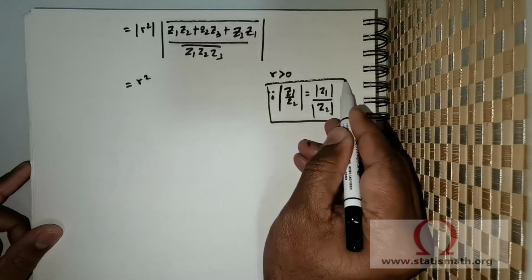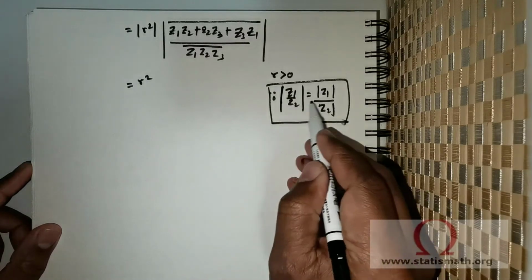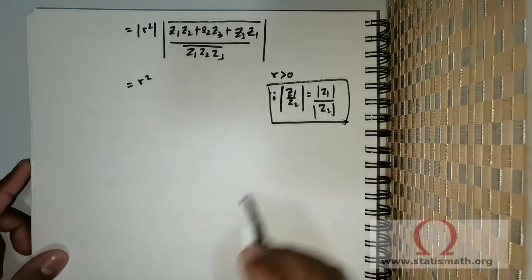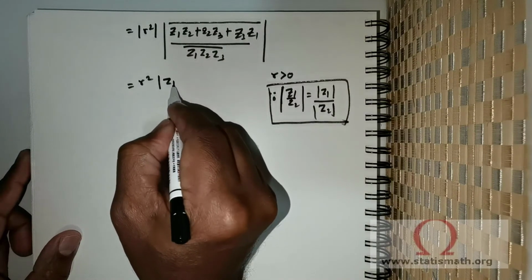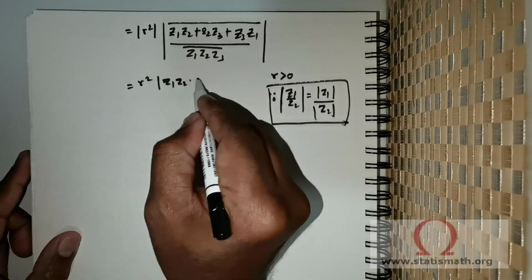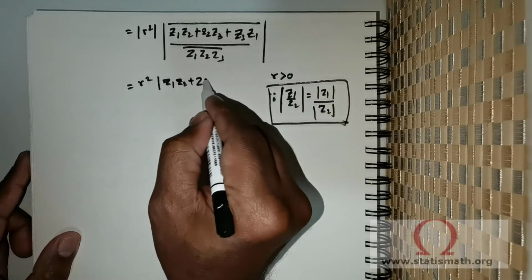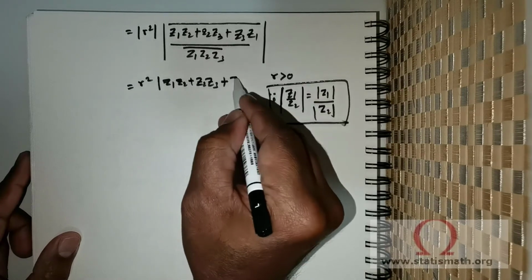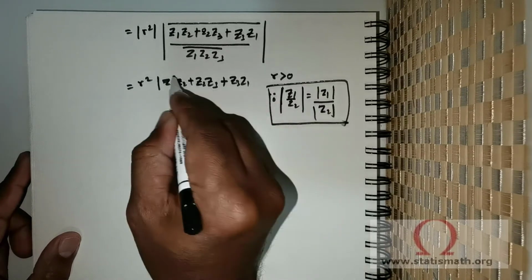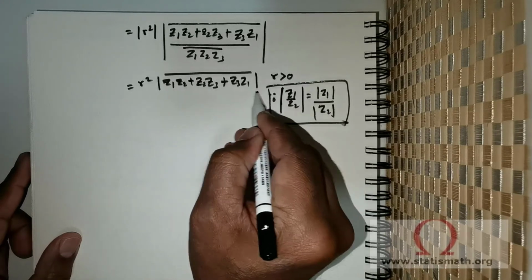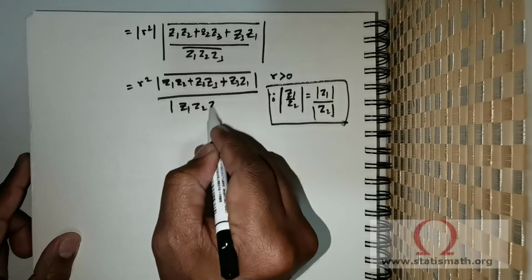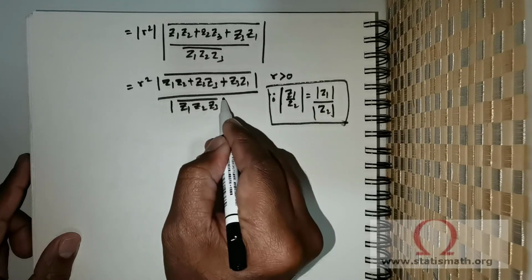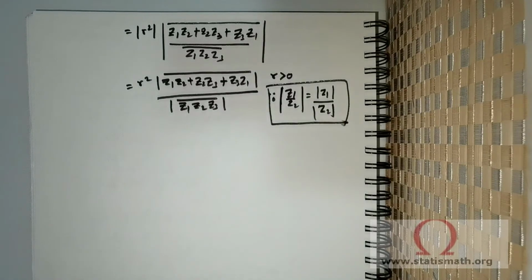We know that since modulus of z1 by z2 is equal to mod z1 divided by mod z2, I'm going to break this as mod of z1 z2 + z2 z3 + z3 z1, of course place the conjugate bar, and this is divided by modulus of z1 z2 z3, the conjugate bar. So this is what I've got.